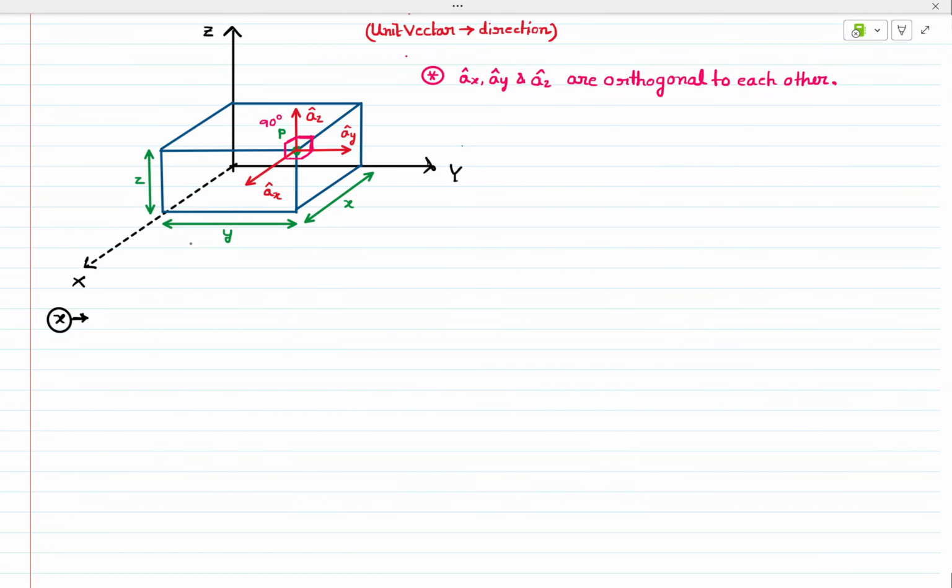For x, you can see, whatever x, y and z I will talk about, you have to look from the direction of x.